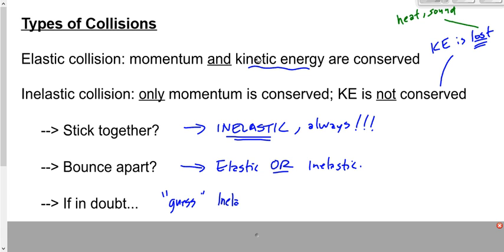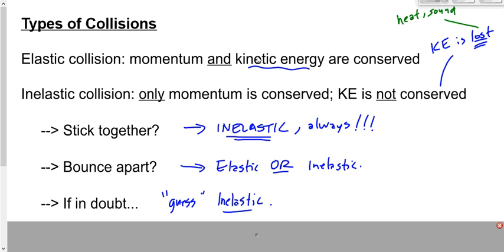And the reason you should guess inelastic is because 90% of the time collisions will be inelastic. Maybe even higher percentage than that. You very rarely actually get an elastic collision. So if you're going to guess what it's going to be most of the time, you could be wrong with that guess, but at least your odds are pretty good.